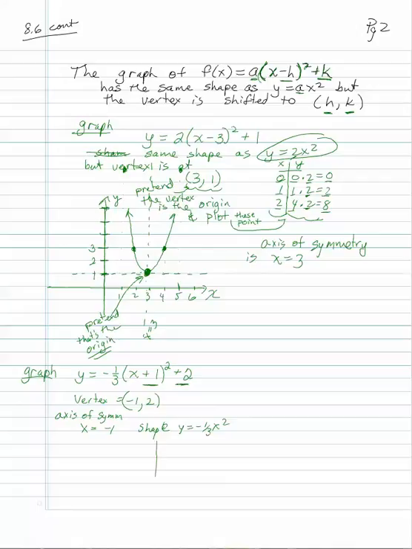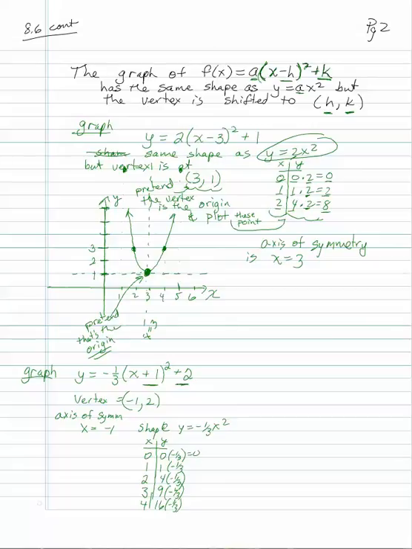So when I do it, I'm going to plot the points x, y, 0, 0. So I'm going to do the base graph. Just square the x coordinates. 0, 0, 1 squared is 1, 2 squared is 4, 3 squared is 9, 4 squared is 16. Then I'm going to times these by negative 1/3, well, just the y coordinates.